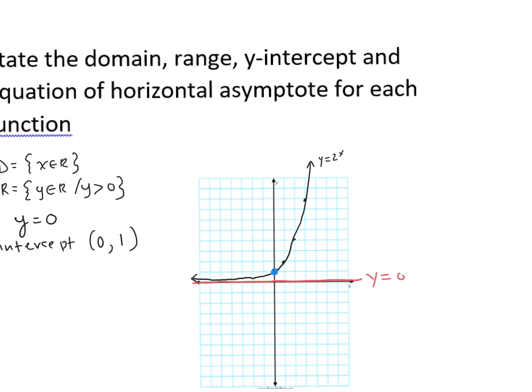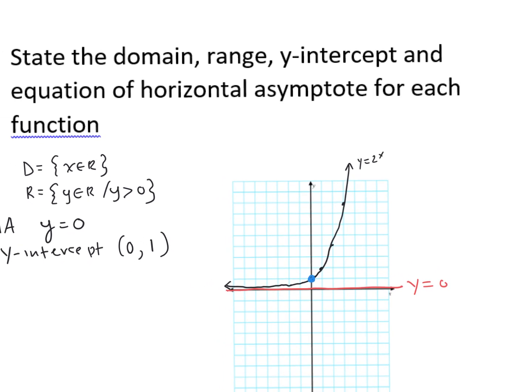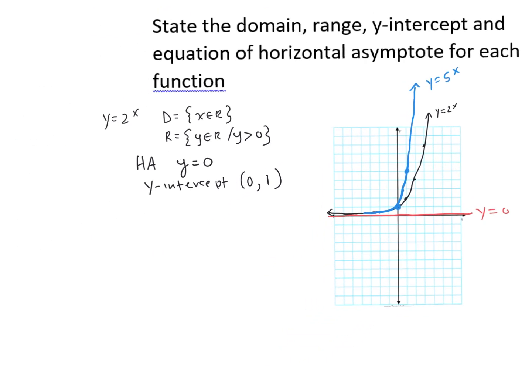We still go through 0, 1, but this time when x is 1, y is now 5, so that makes it a bit steeper. And then we have a 5th and 25th. What happens to the graph when we change the base to a bigger number is that we get a steeper graph. Everything else stays the same.